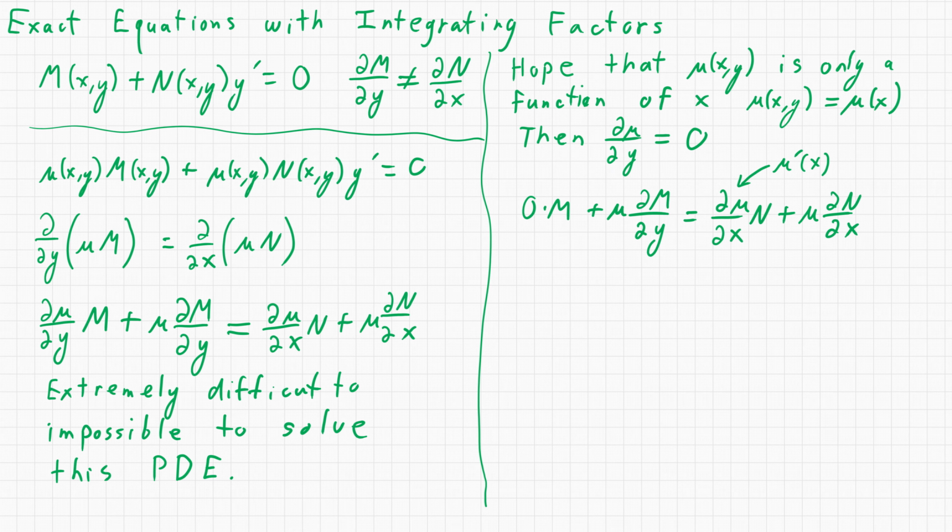Now if we rearrange things a little, I'm going to forget about this 0 times M term, and subtract partial N partial x over to the left-hand side.